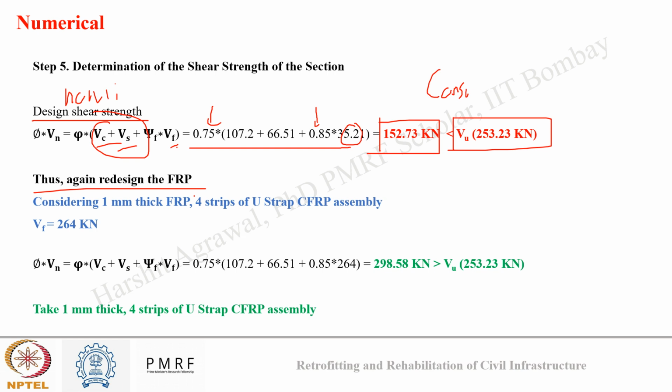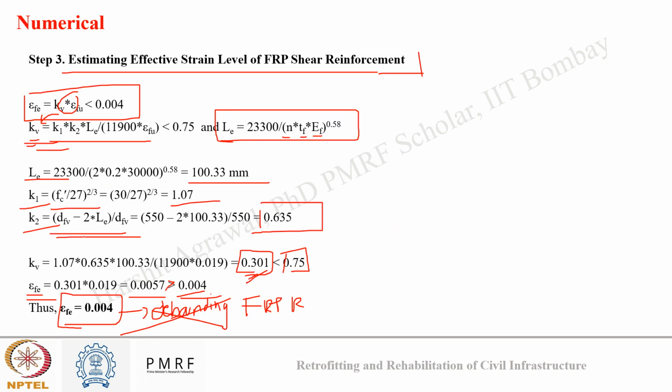So how can I redesign? Instead of 2 thick FRP, I am choosing 1 thick FRP and 4 strips of U-strap CFRP. Instead of a two-sided strip, I am going with a U strip, and instead of 2 strips, I am choosing 4 strips of 1 thick FRP. Making these assumptions, I will again calculate the value of Vf as per the steps I showed here.